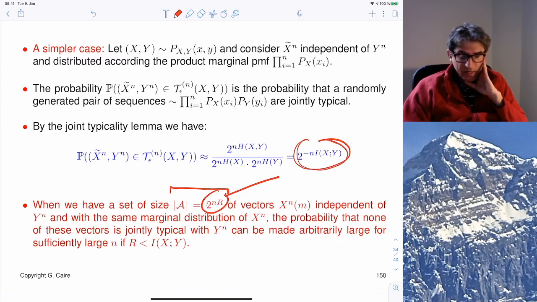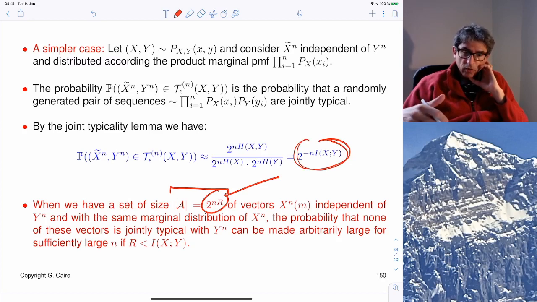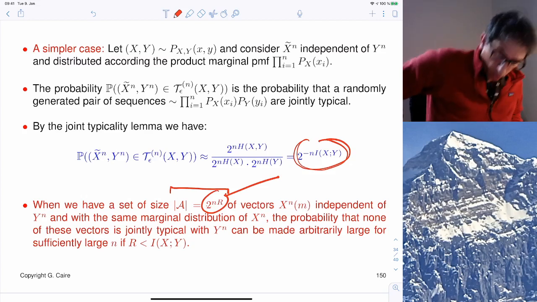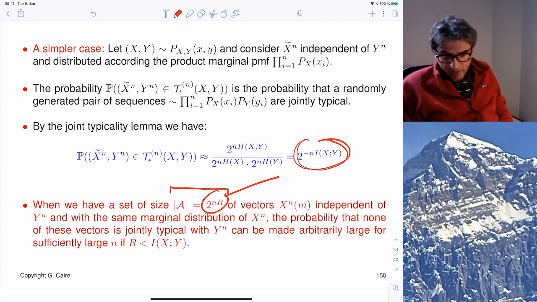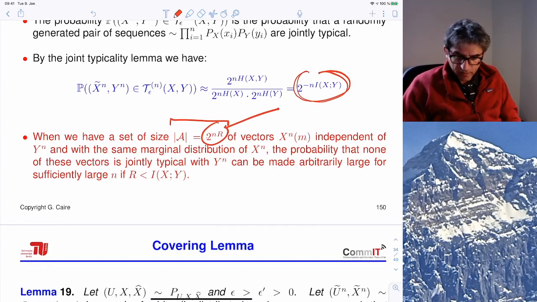And now there are two cases. Either this average becomes very large, in other words the exponent is positive, or this average vanishes. So on average, I will find no sequence that is jointly typical.